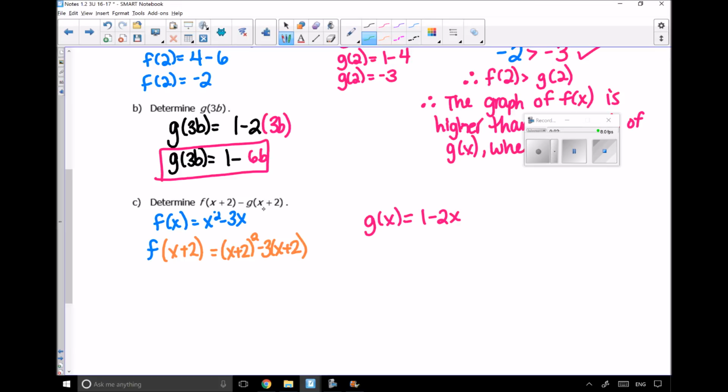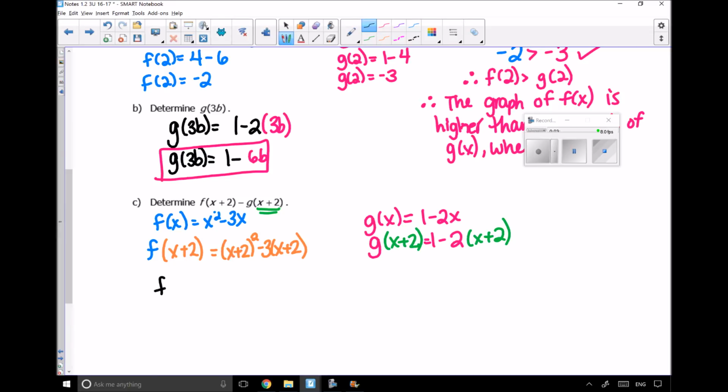So what this is saying is that my input is x plus 2 again. So every time I see an x, I'm going to replace it with my input of x plus 2. So how do I do that? This right here just ends up being 1 minus 2 times x plus 2, because my input is now x plus 2.